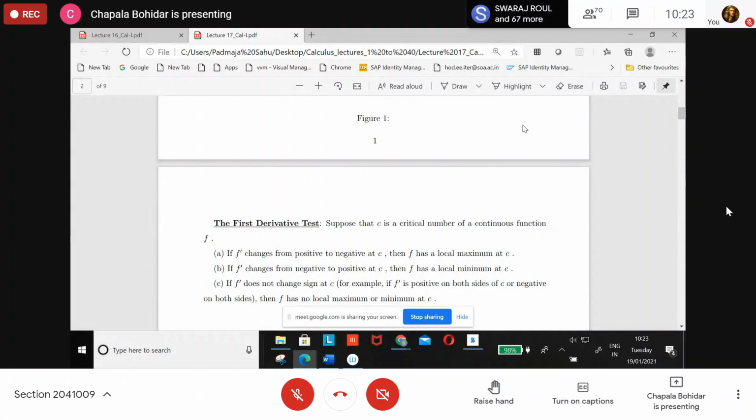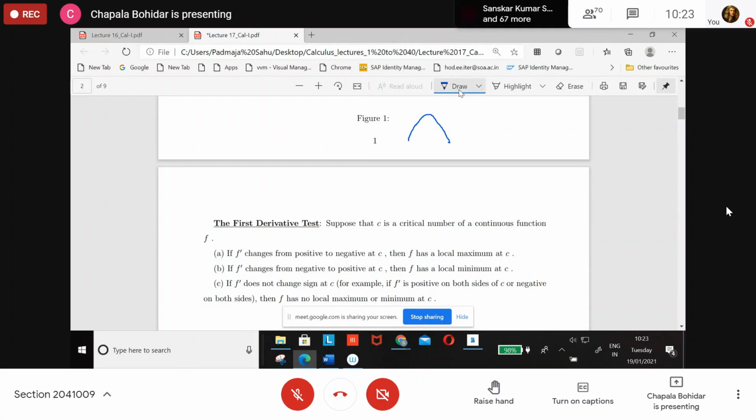If f dash changes from positive to negative at c, that is, positive and then negative.